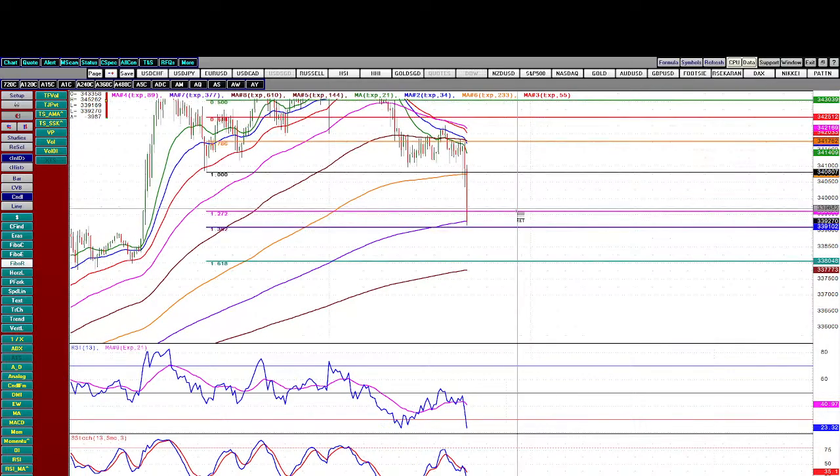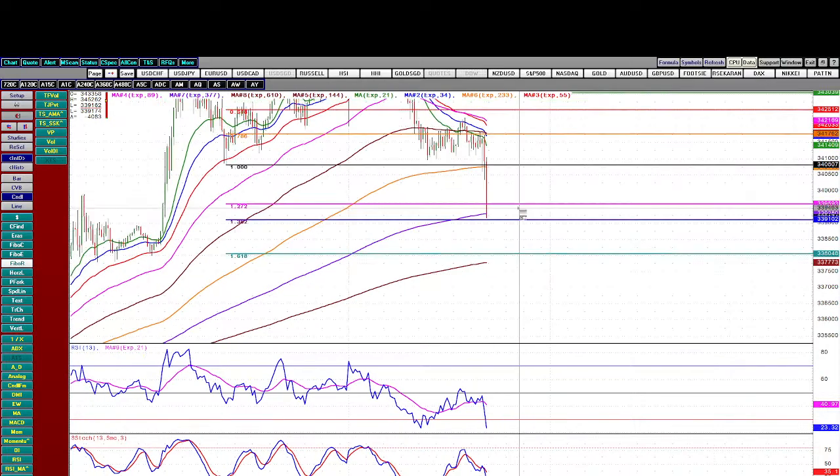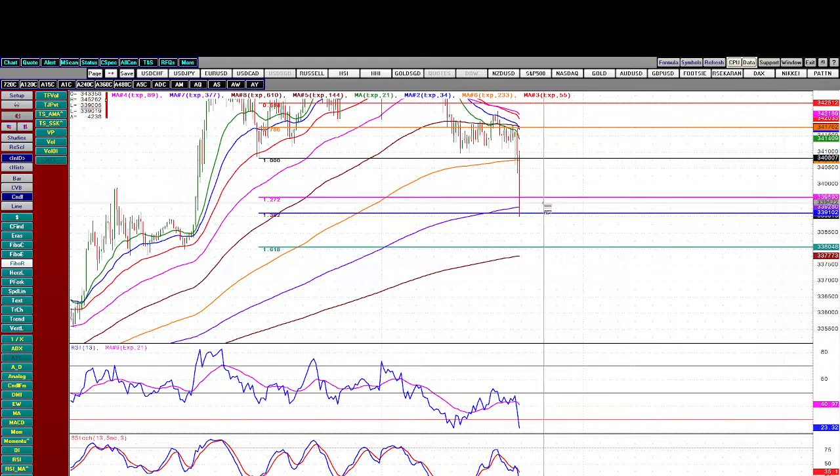Okay, so we don't want to go for any buy now because this can go down towards 3380. So still dropping. Okay, I'm not sure what news is that. Still we are seeing the drop.